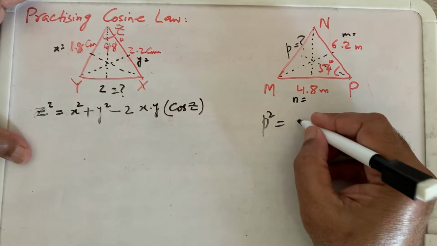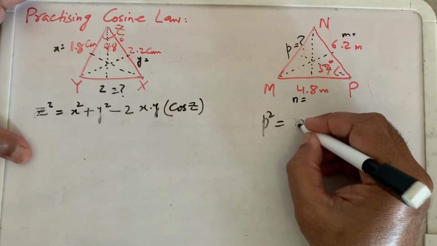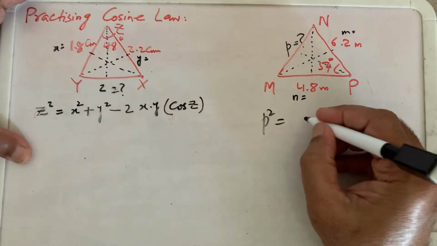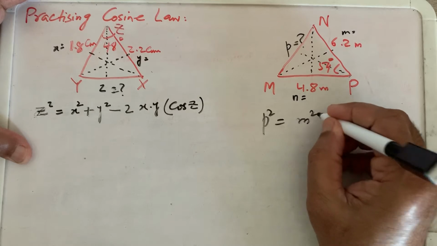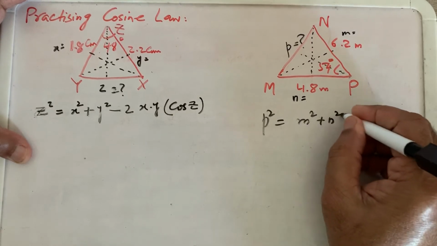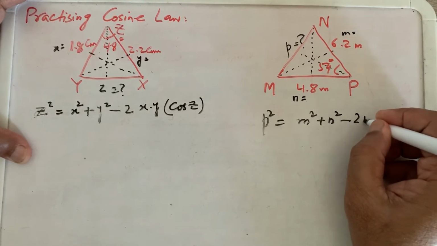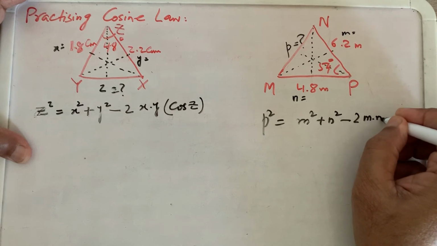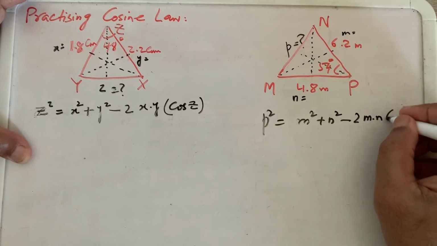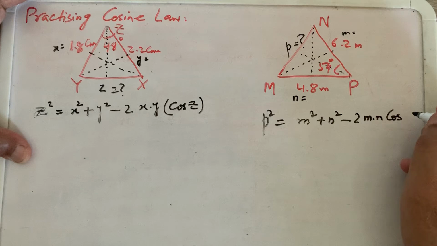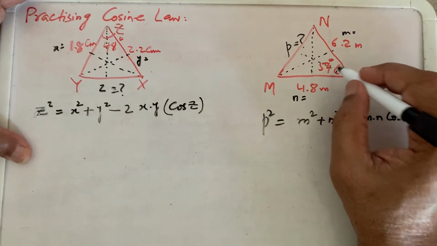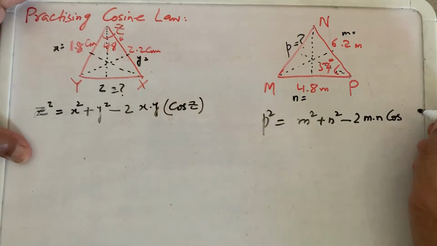Whichever way you write it, m square and n square, or n square and m square, both are correct. But you have to know that we start with the squares of the known sides, m square plus n square, minus twice the product of the two known sides, m times n, times cos of the angle. Which angle are we talking about? P, because here is P, right? So here is the angle P, which is capital.